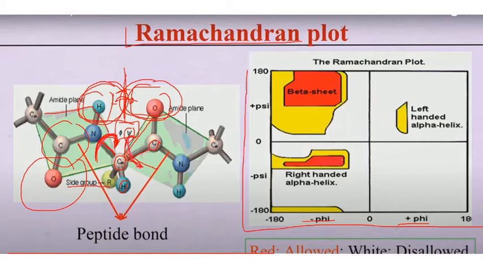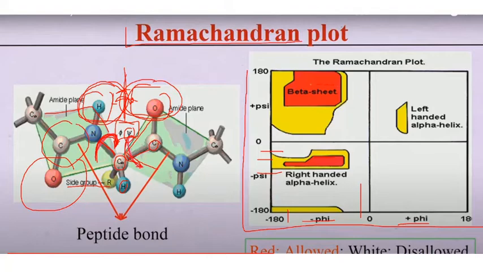He found that the right-handed helix structure is formed when the psi angle is in this range on the negative side, and the phi angle is also at negative degrees.